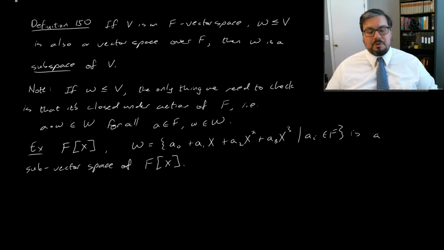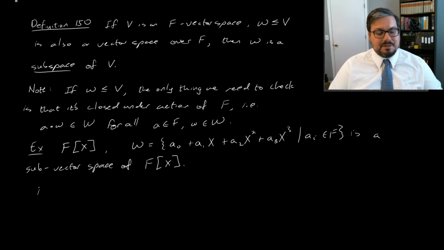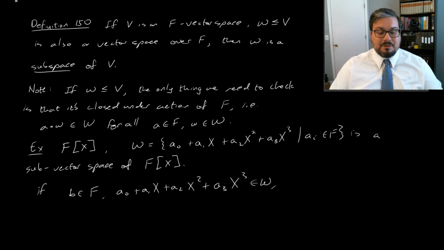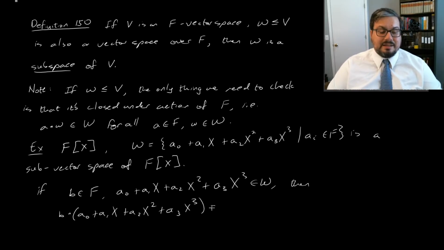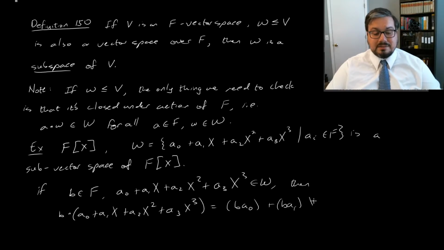It's a subgroup of the additive group F adjoin x, and it is a subvector space because if B is any element of the field F, and we take any element of W, then the action of B on this element is also going to be a polynomial of degree 3 or less.